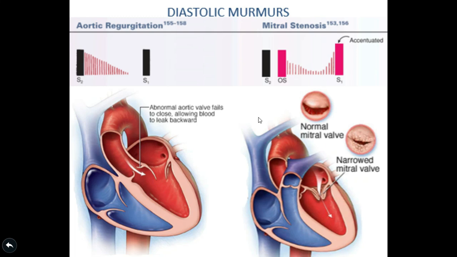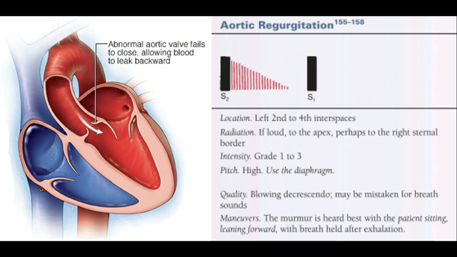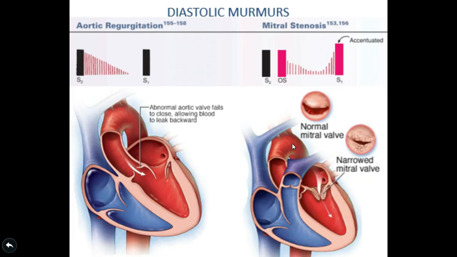Patient with aortic regurgitation can have a decrescendo type of murmur. For mitral stenosis, there is a narrowed mitral valve. It is followed by an opening snap, decrescendo, then crescendo type kind of murmur. Looks like letter U. Say mitral U.